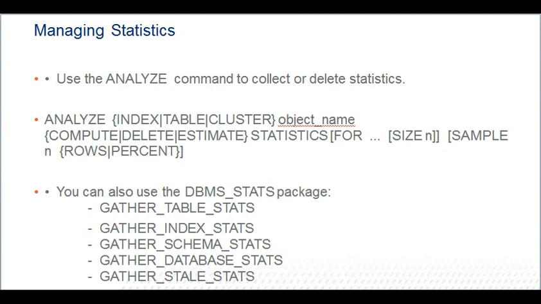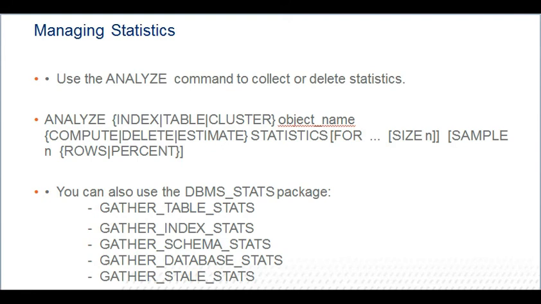For all columns collects column statistics for all the columns. Next is for all indexes, which specifies that all indexes associated with the table will be analyzed. If we insert local, like for all local indexes, then it specifies that all the local index partitions are analyzed.